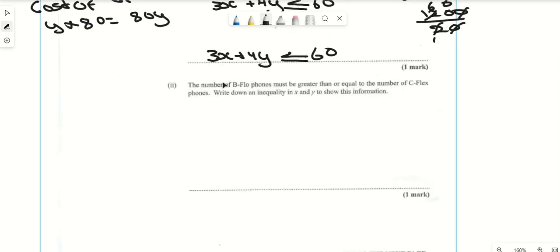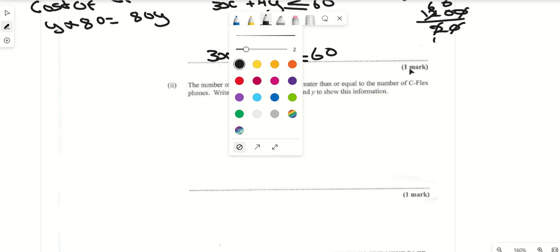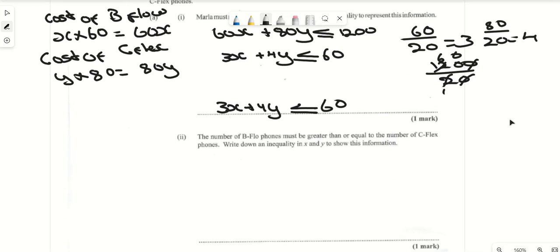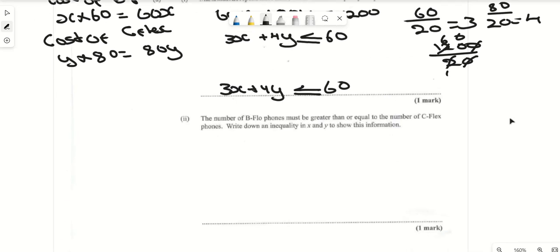Second part, the number of B-Flow phones must be greater than or equal to the number of C-Flex phones. Now we know that B-Flow is X and C-Flex is Y. Write down an inequality in X and Y that shows this information.